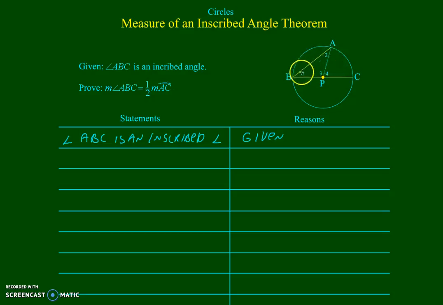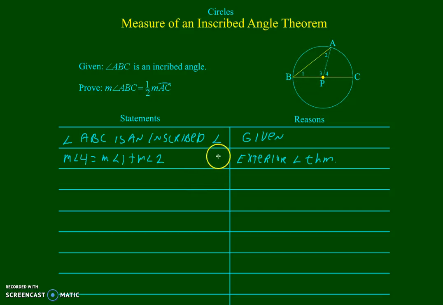This is an exterior angle to this triangle, and it is the measure of that arc, and these two angles in here. So our first statement is going to be to relate these two angles to this exterior angle. We know that angle 4 is equal to angle 1 plus angle 2, and that's the exterior angle theorem.